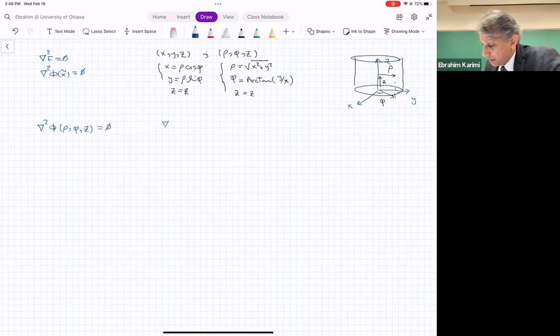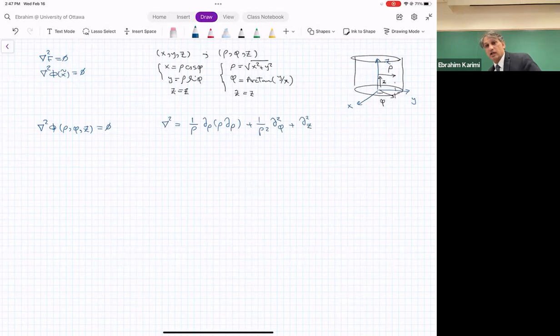The first thing is expanding the Laplacian into cylindrical coordinates: 1 divided by rho, derivative with respect to rho of rho d rho, plus 1 divided by rho squared, second derivative with respect to phi, plus the second derivative with respect to z. That is the Laplacian in cylindrical coordinates.